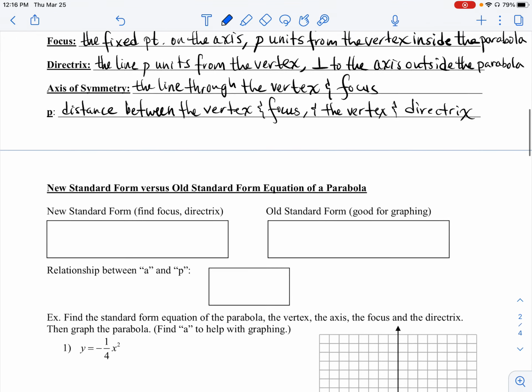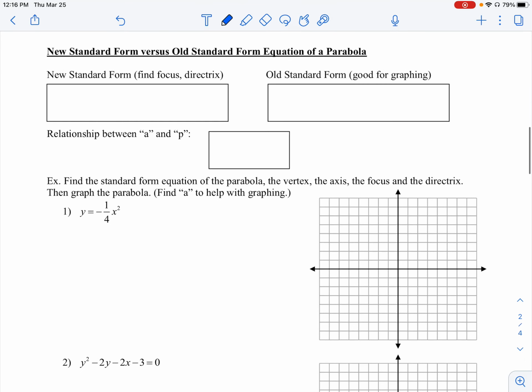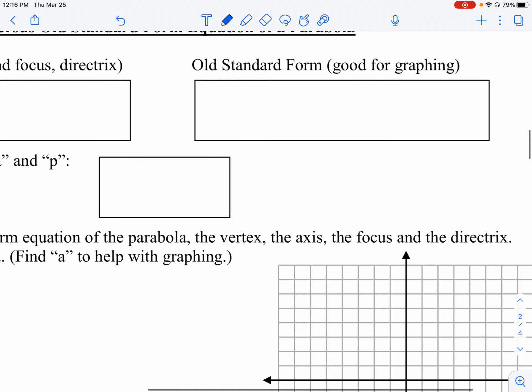Now let's have a conversation talking about the new standard form versus the old standard form of a parabola. As I mentioned earlier, we've already worked with parabolas quite a bit. We've seen them. What was our old standard form? How did we write parabolas before? Well, we typically said the following. When it was a vertical parabola, we said y minus k is equal to a times x minus h squared.